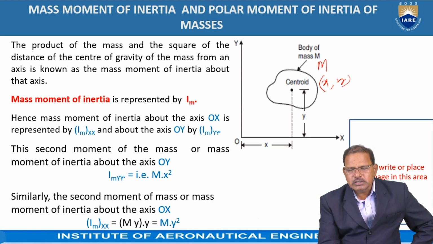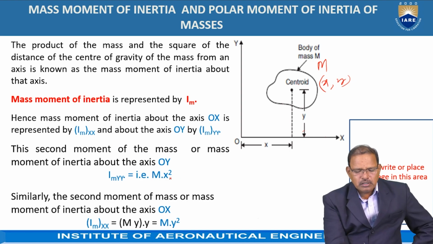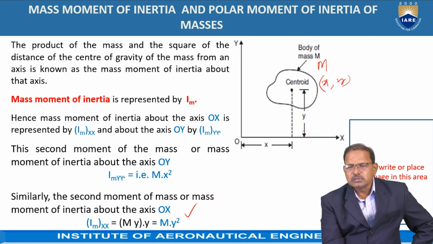Then the moment of inertia of this body about the x-axis is given by mass into the square of the distance. The distance is nothing but y here. That is, it can be written as m into y square now.